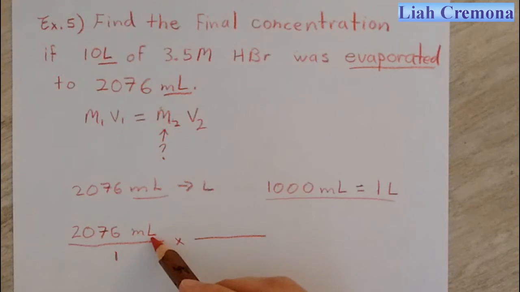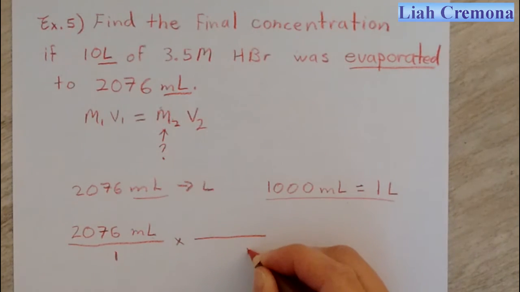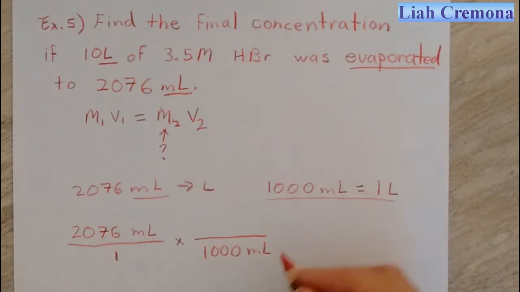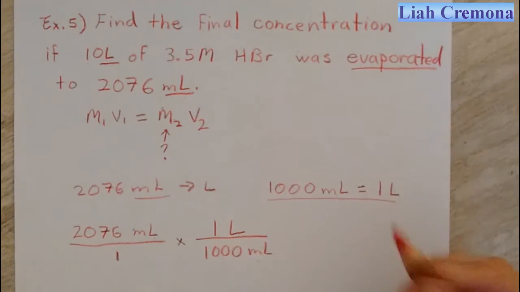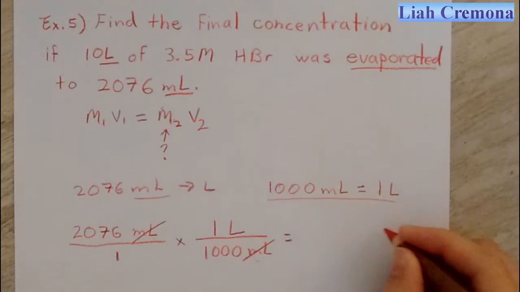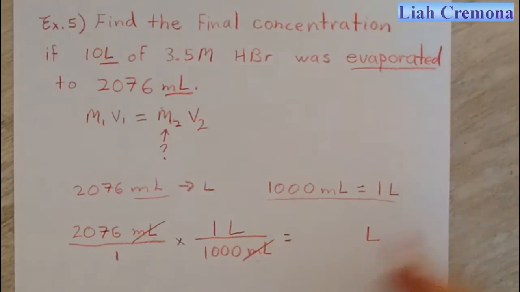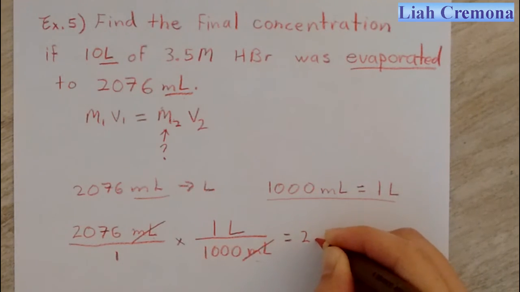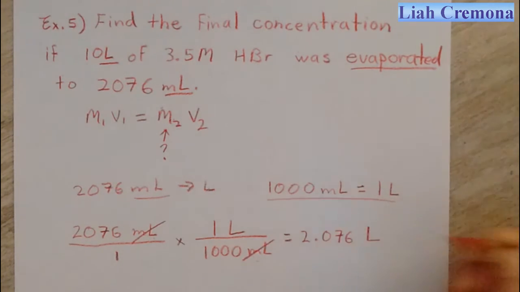So one must be on the top and one must be on the bottom. So here, I know that 1000 milliliters would go on the bottom, leaving me with 1 liter. So because one is on the top and one is on the bottom of the fraction, I can cancel out the unwanted unit, leaving me with the wanted unit of liters. Now, 2076 divided by 1000 is 2.076 liters.